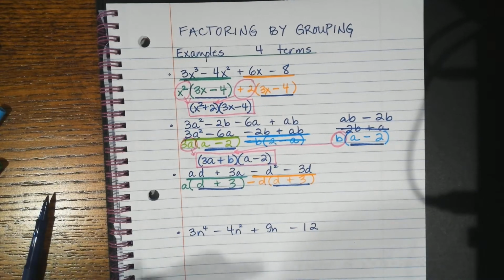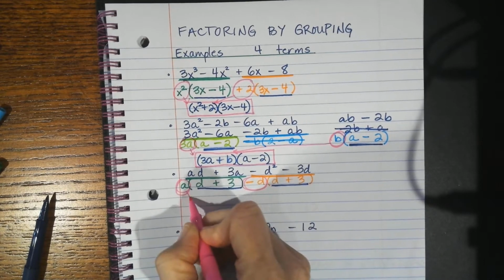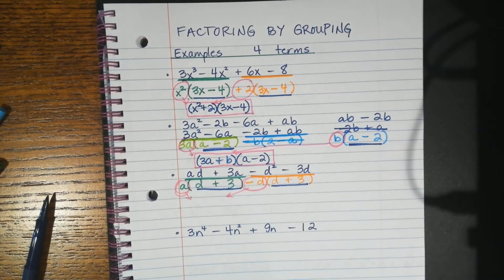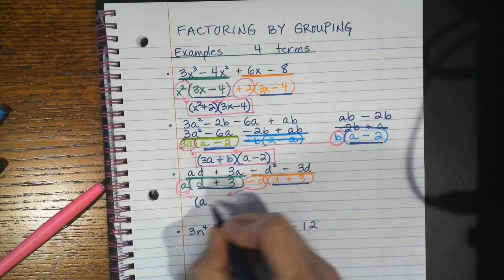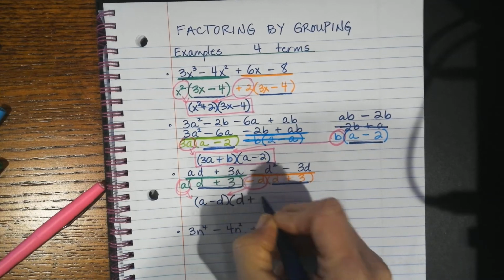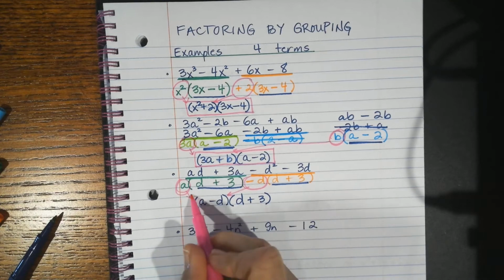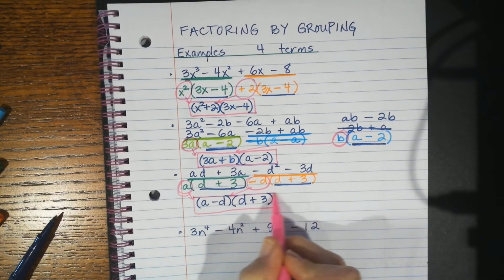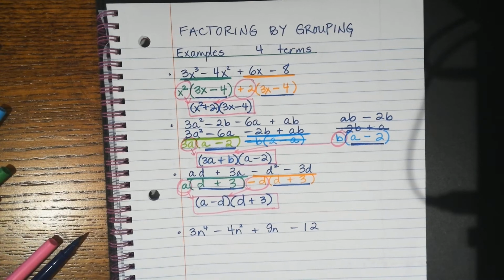So I take what they're multiplying, which is A and a minus D. And those I'm going to rewrite together as a common factor, A and minus D. And they are both multiplying D plus 3. There you go. That is your final answer, because I can't factor it anymore, and now I have two binomials, which is what I want.